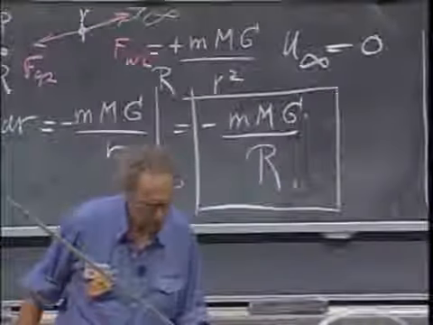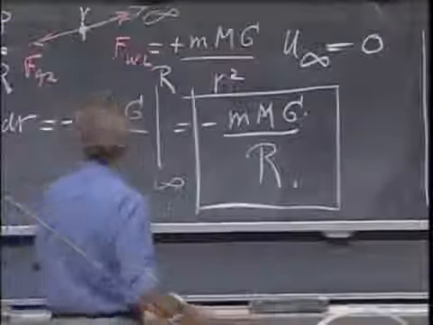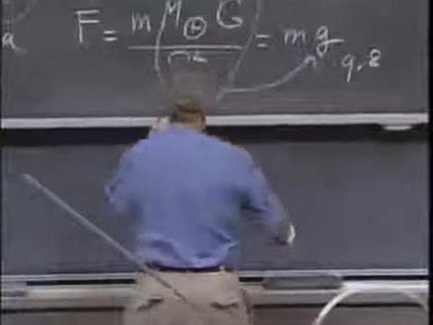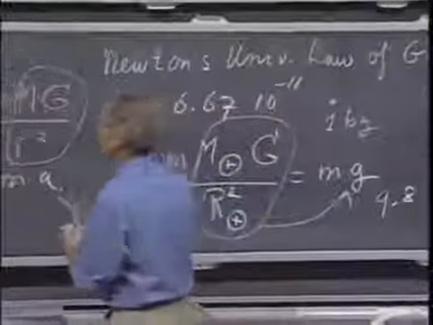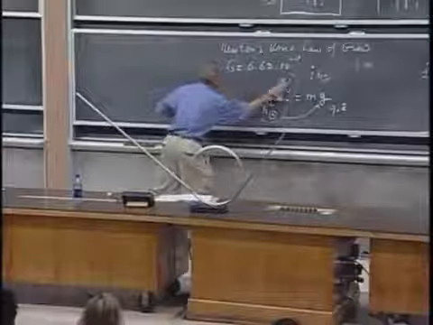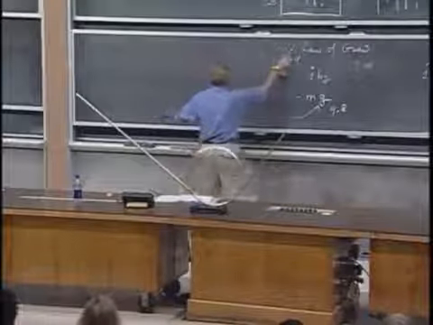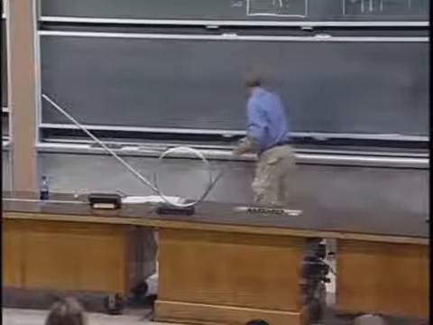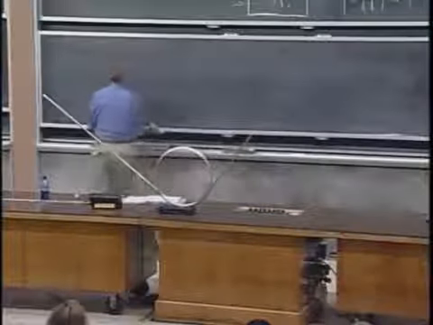So let's look at this function, and let us make a plot of this function as a function of distance. There's a 1 over R relationship of the gravitational potential energy. The force, gravitational force, falls off as 1 over R squared.